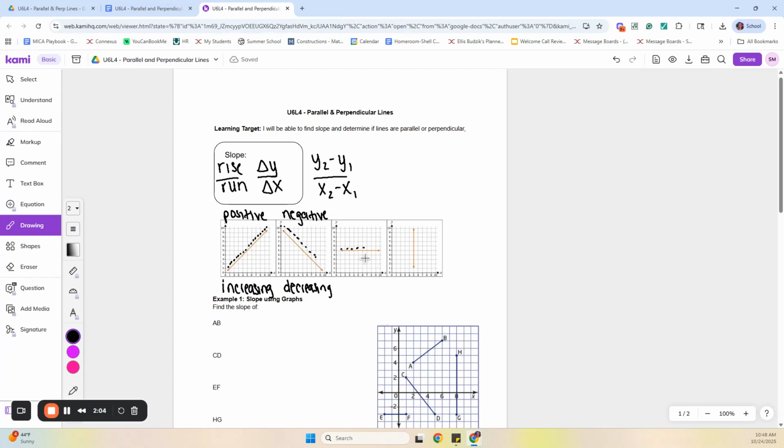You're not going uphill, you're not going downhill, you're on even playing field. So we call that a constant slope. And with constant slopes, that's actually a slope of 0 because we're going 0 up or 0 down. So slope of 0.